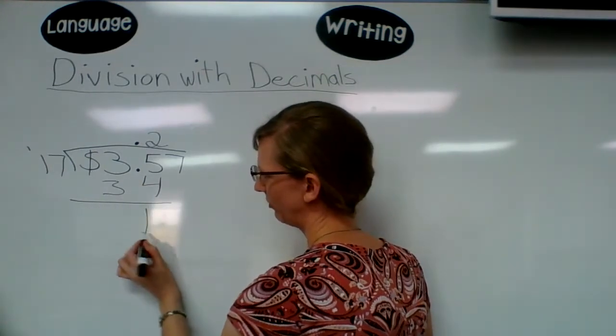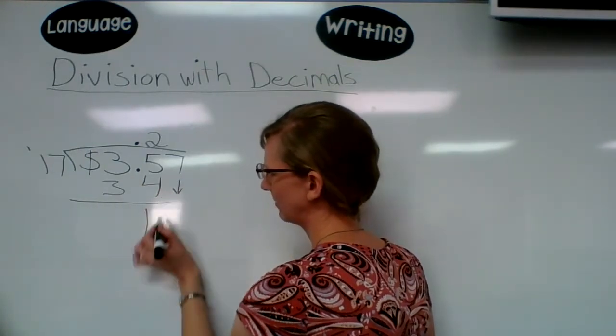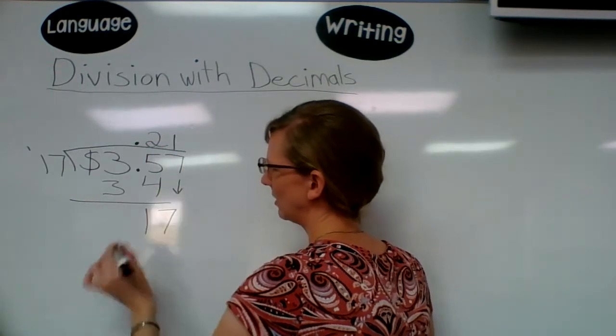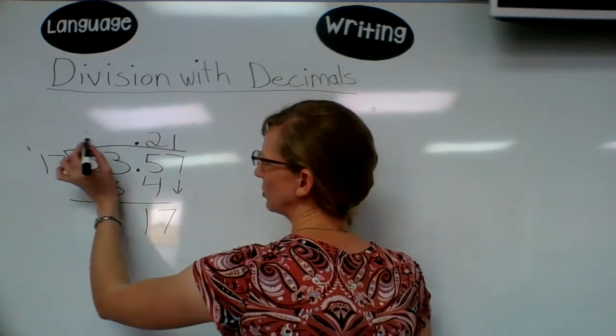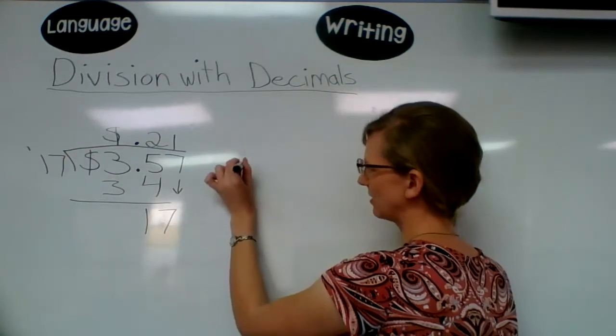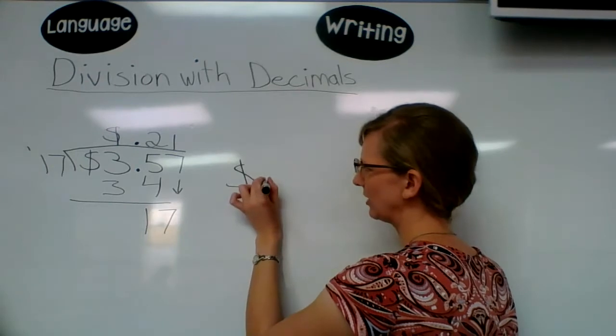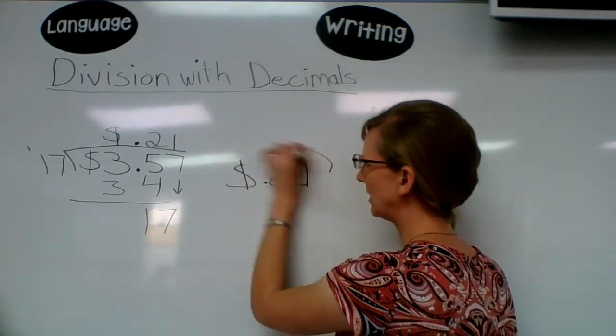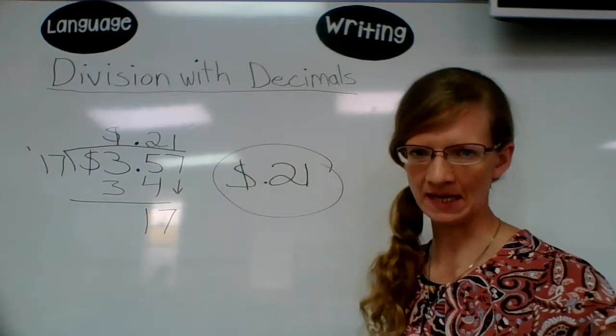You have 1 left over. Bring down your 7. 17 goes into 17 one time. So your answer is 0.21, but don't forget your dollar sign because you're dealing with money. If you want to divide $3.57 17 ways, each person would get 21 cents.